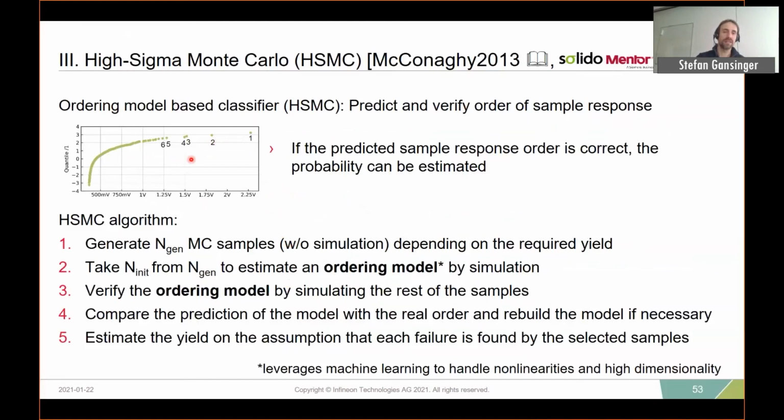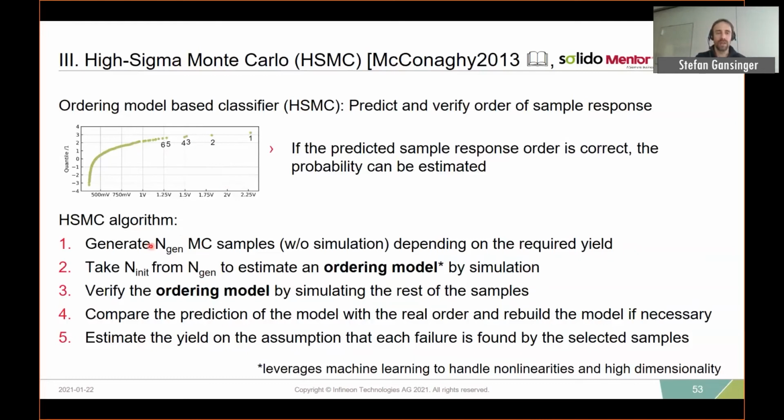And of course, this is closely related to the probability, because the first sample is the one which has the lowest probability, and the last one has a much higher probability. How they are generating this model is proprietary, and unfortunately, we do not know many details on this. There is a white paper on this method, and it just tells that they leverage machine learning. So I don't know how this works, but I can say I tried it a lot, and it's quite robust.